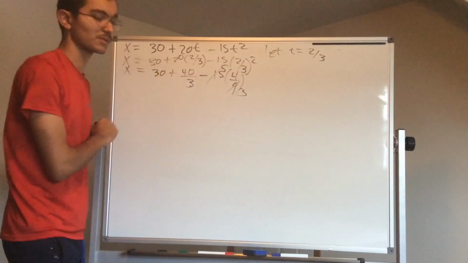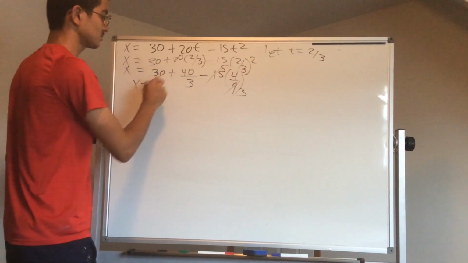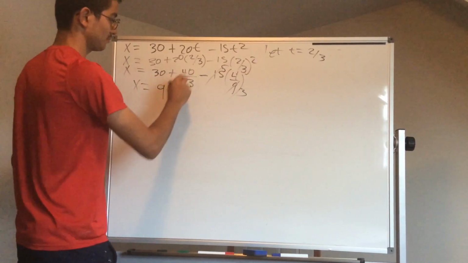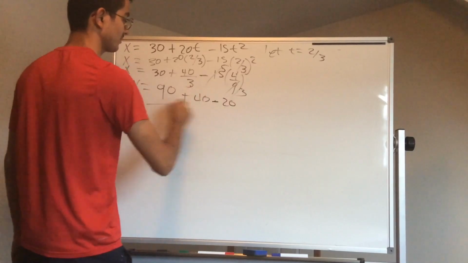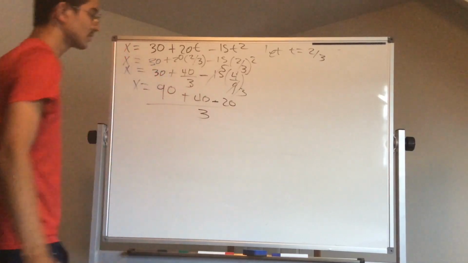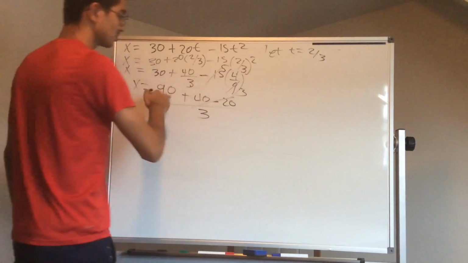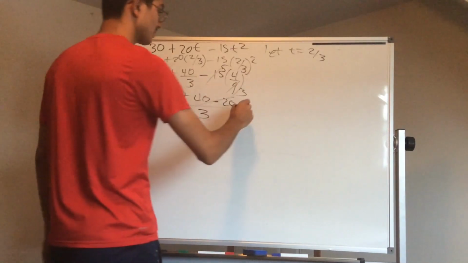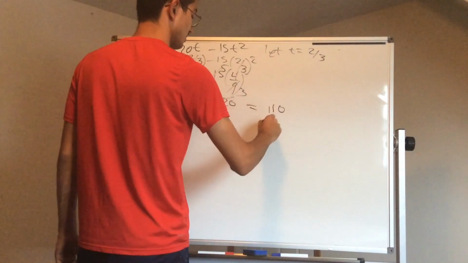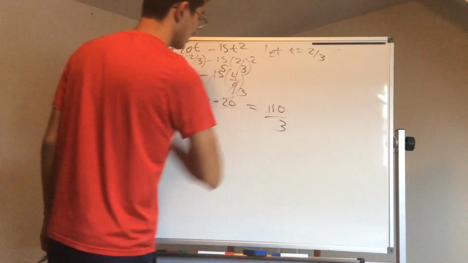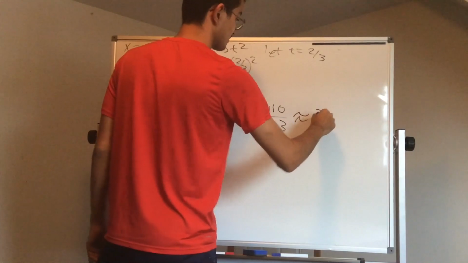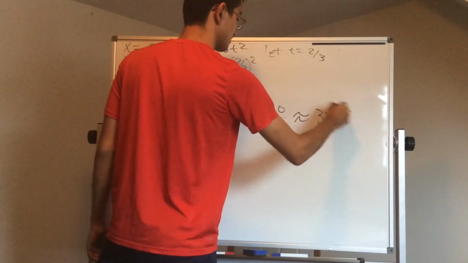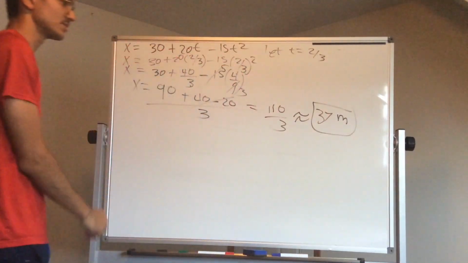Let's multiply this by 3 as well, so we have x equals 90 plus 40 minus 20, everything divided by 3. So 20 plus 90 is 110, that's 110 divided by 3, and that's going to give you about 37 meters.